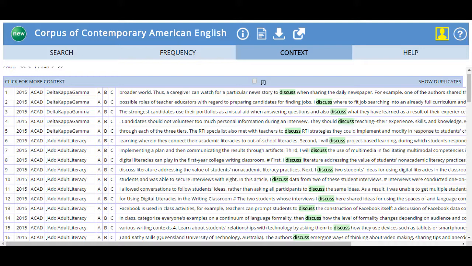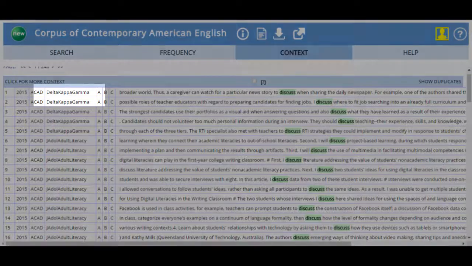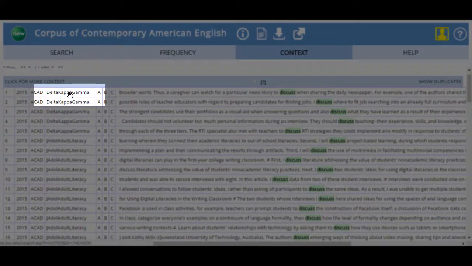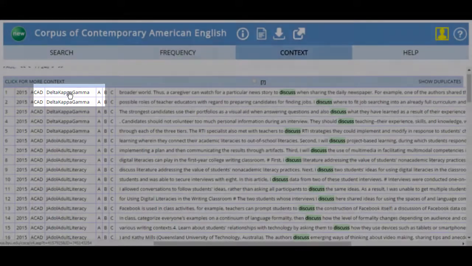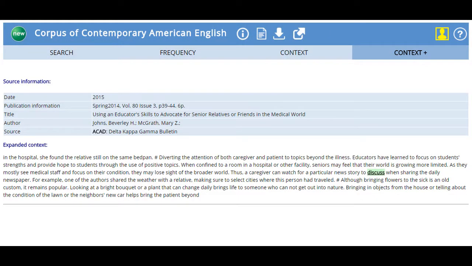I may also want to be sure that the examples I am looking at are published academic sources and not text from spoken English, as words may be used differently in different contexts. I could also click on any of these examples and see the word "discuss" in the larger context of the paragraph or sentence where it is used.